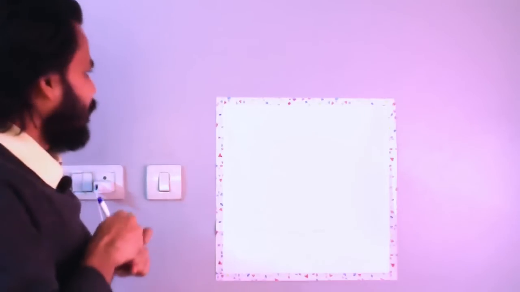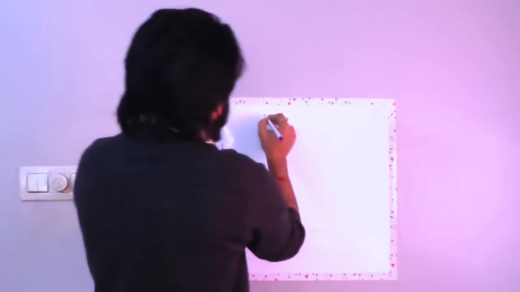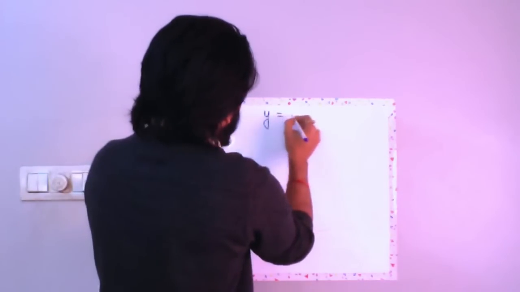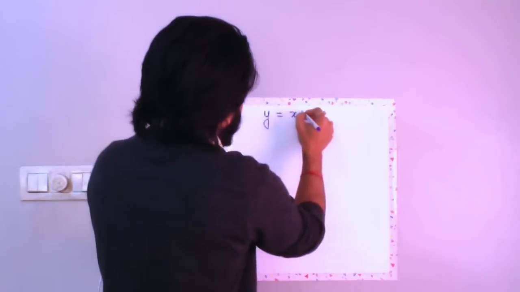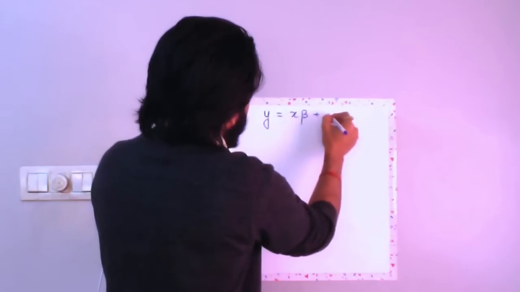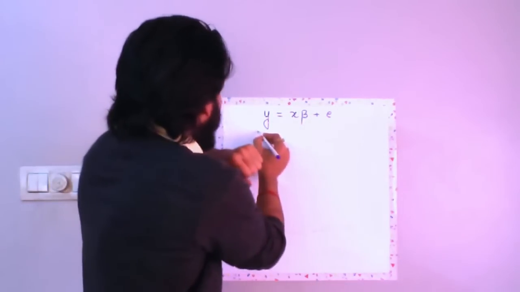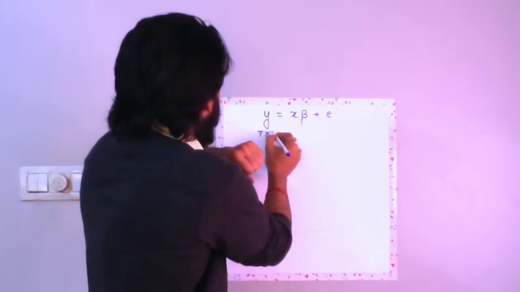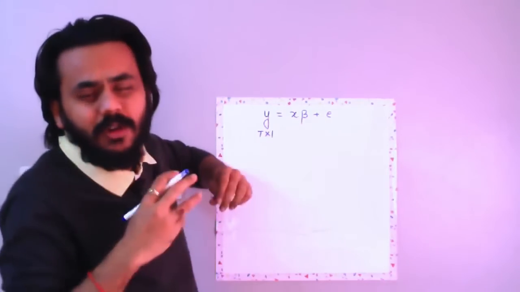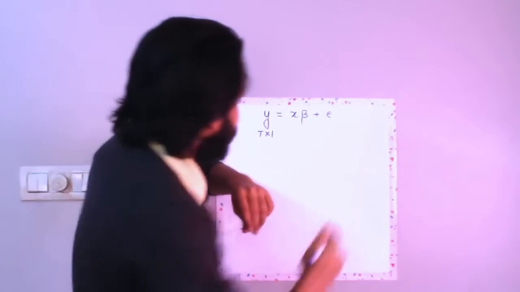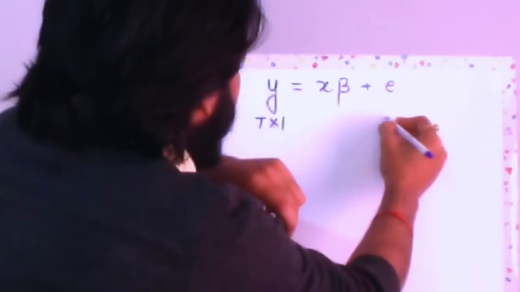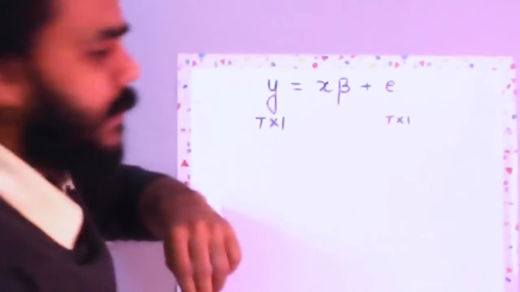If you recall, y is equal to x beta plus e, and over here y has a dimension of t cross 1, or rather we have t observations of y, and similarly we have t cross 1 for e, the error term.